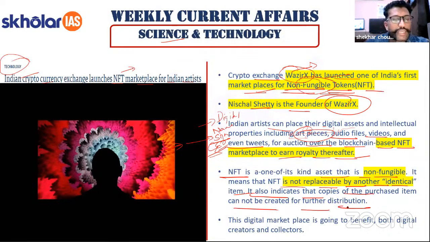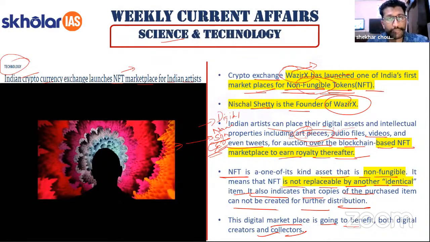So you cannot copy and paste a particular artwork and sell it in the black market. That cannot be done. This digital marketplace is going to benefit both digital creators and collectors. If somebody is creating an artwork, his or her artwork gets proper remuneration. At the same time, the collectors who have paid a big amount of money retain the value of what they have bought.